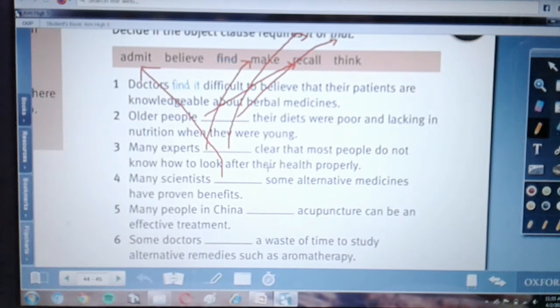Many scientists admitted it some alternative medicines have proven benefits. Now let's try to use that. Many scientists admit that some alternative medicines have proven benefits. Which one sounds natural? The one with it or the one with that?